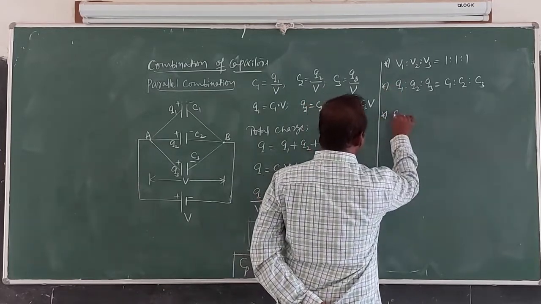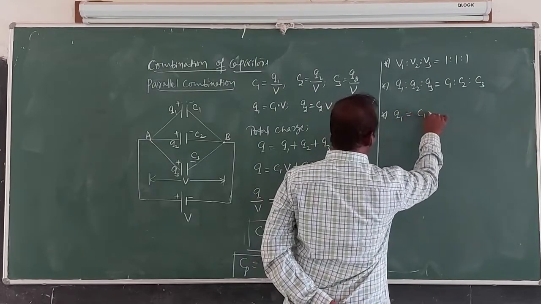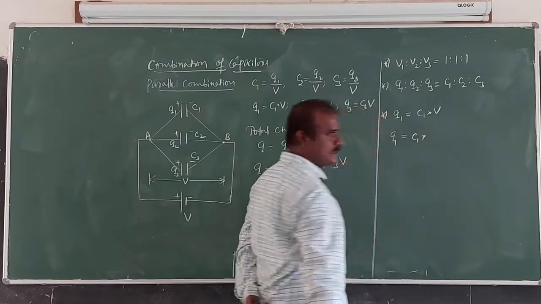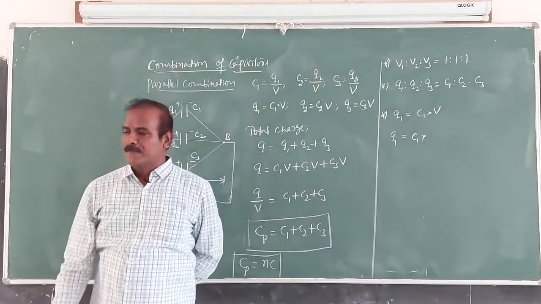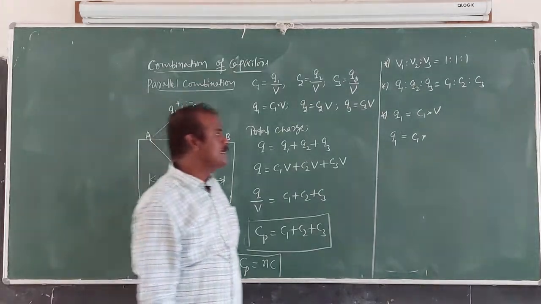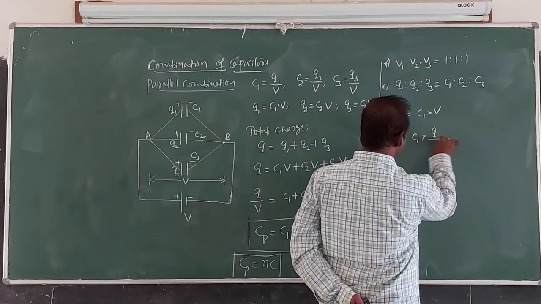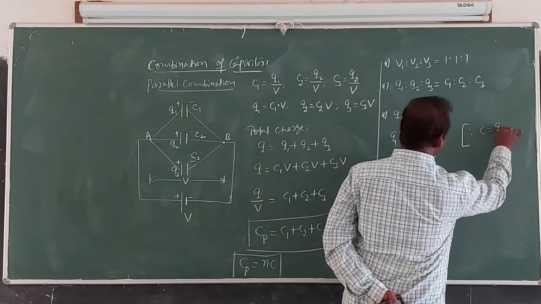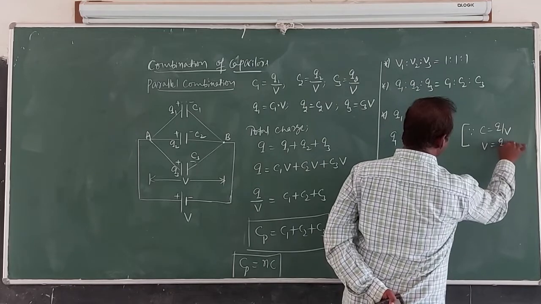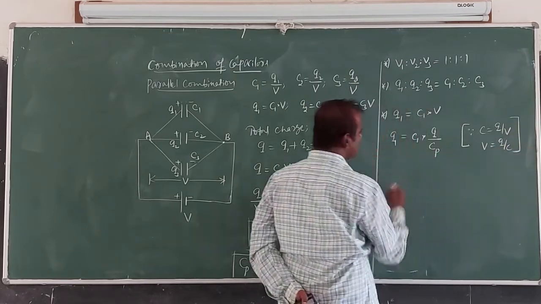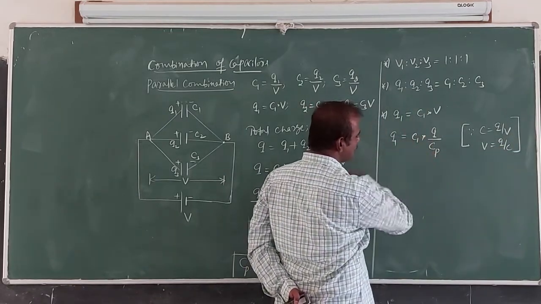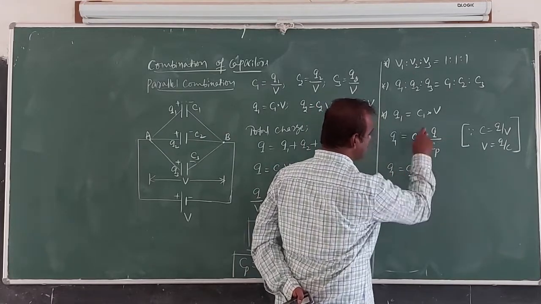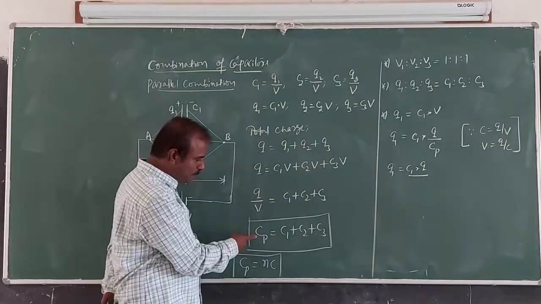And you can write the formula for Q1, which is C1 into V, or Q1 is equal to C1 into, what is V? V, total potential. By the definition, we can write it as Q by Cp, since C is equal to Q by V, V is equal to Q by C. Total charge, total capacitance. Q1 is equal to C1 into Q divided by, what is Cp? For three combination, C1 plus C2 plus C3.